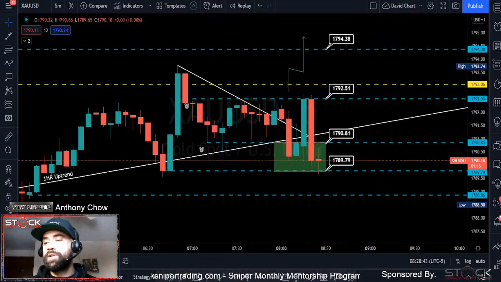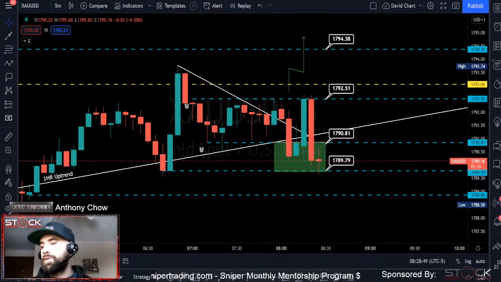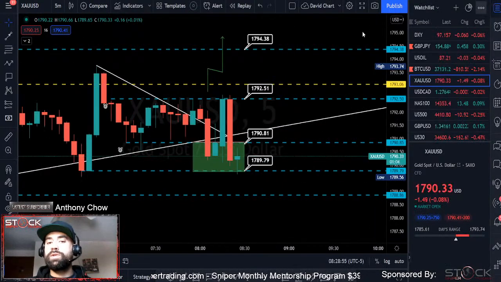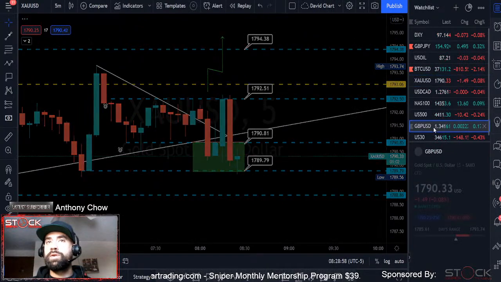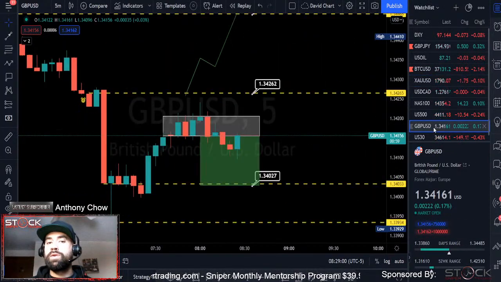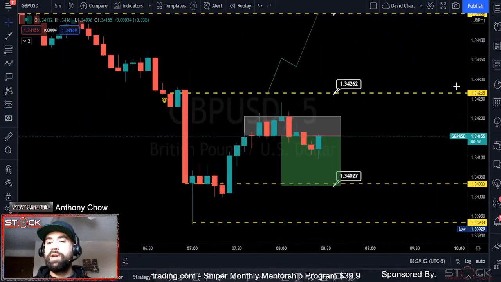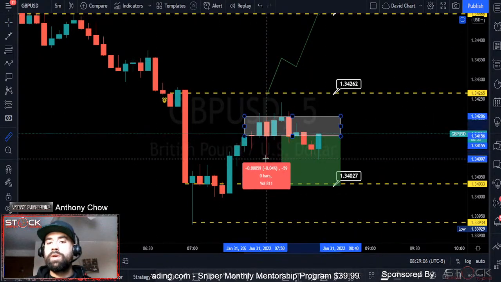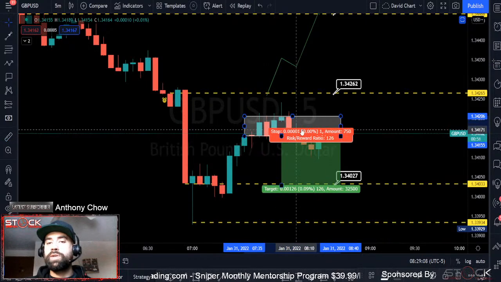So let's go maybe check out GU. Okay, so let's go check out GU, guys. Okay, so you can see it sold off. Now it's kind of waved. All right. Dumped about 6 pips. Now it's pushing right back in here.